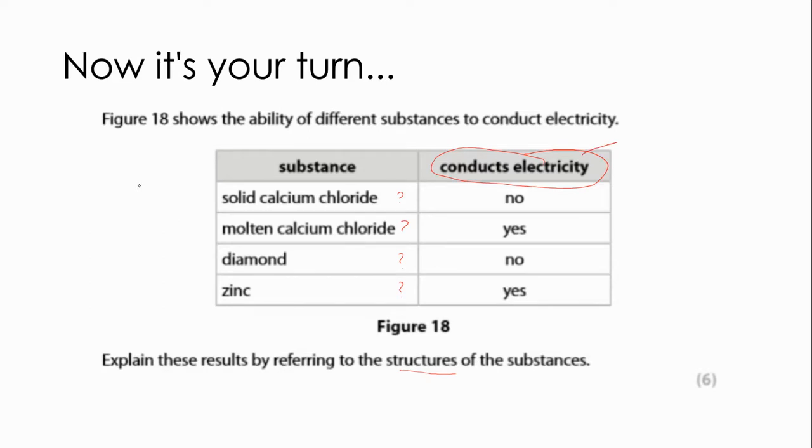Whether a substance conducts electricity depends on whether there are mobile charged particles. If there are, then it will conduct electricity, and if there aren't, then it won't.